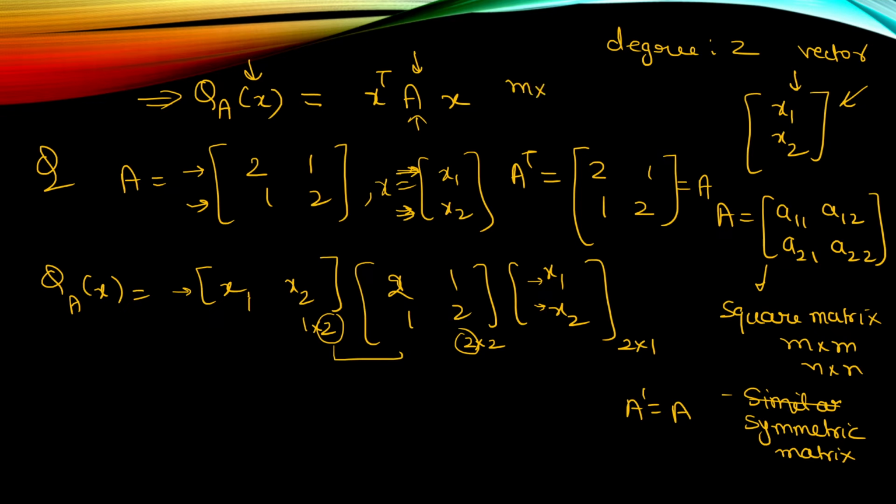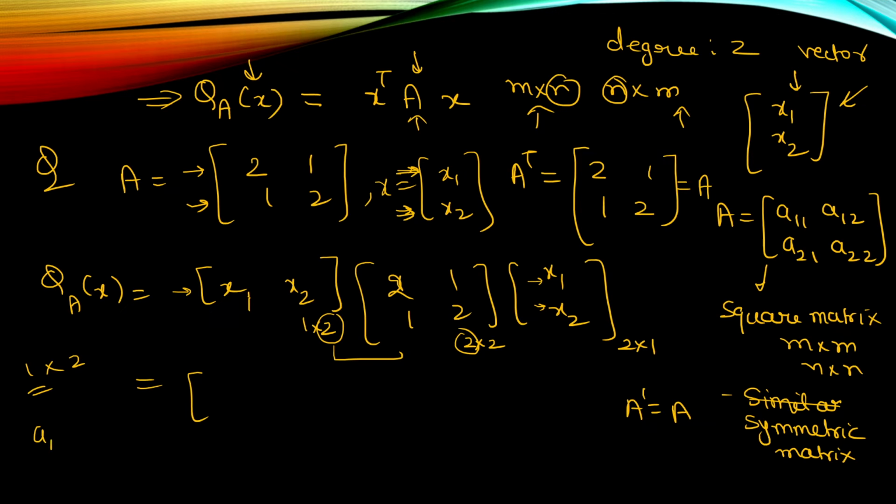If you multiply these two, your answer matrix will be of 1 by 2 order, because in order to multiply, the columns of the first matrix have to be equal to the rows of the second matrix, and then the resultant will be of this order. So 1 by 2 it will form, correct? First row is 1 by 2 and the matrix has 2 columns.